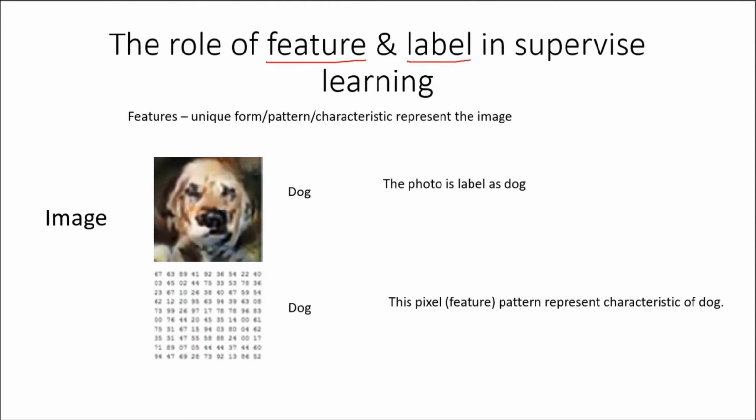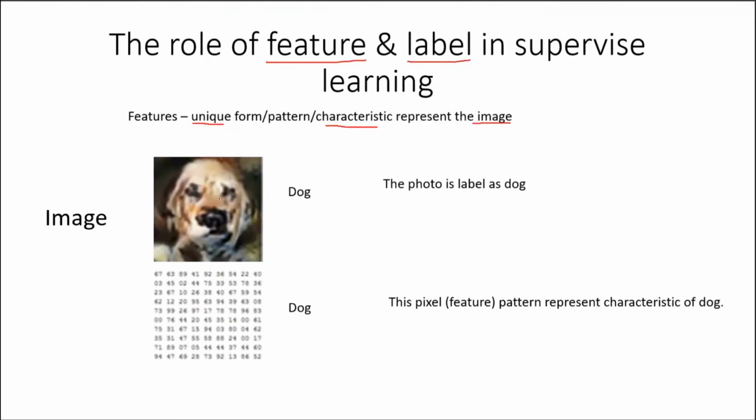These are two important words that are compulsory for supervised learning. So features is basically a unique form of pattern, a unique characteristic, to represent the image.